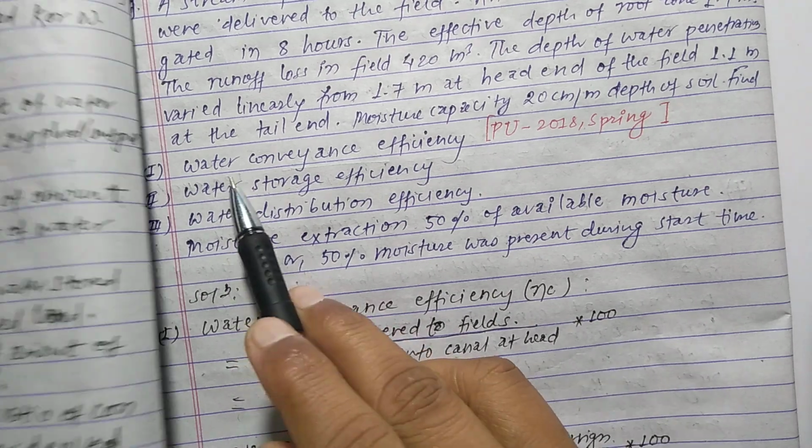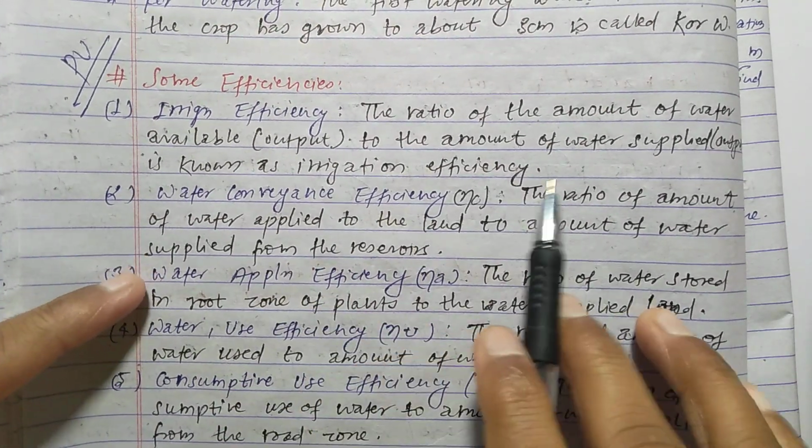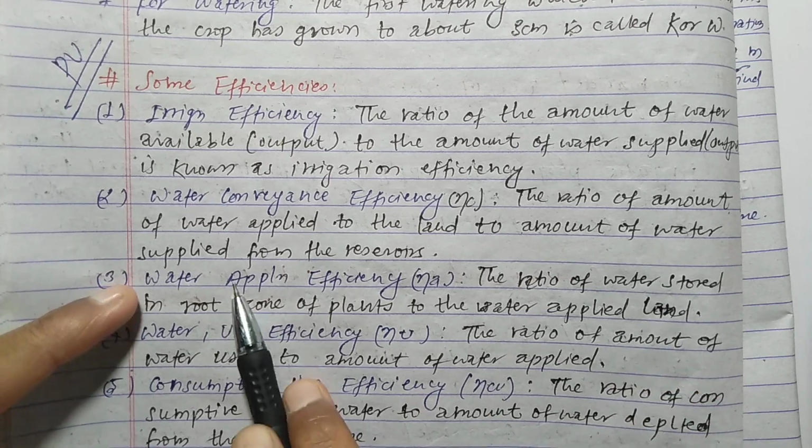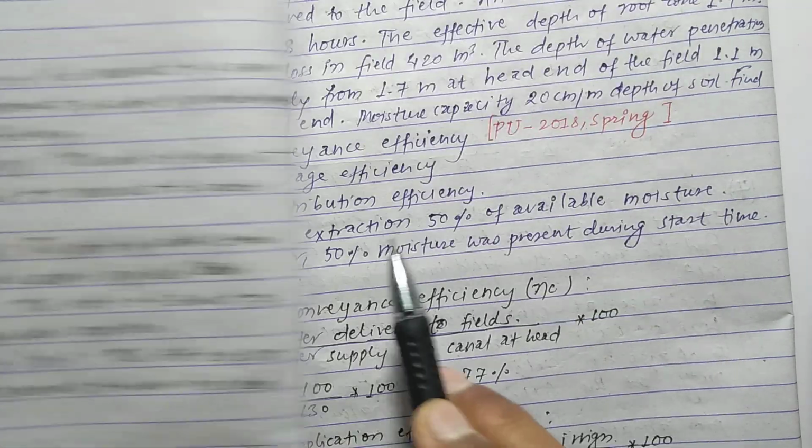First is water conveyance efficiency. Water conveyance efficiency equals the ratio of the amount of water applied to the land to the amount of water supplied from the reservoir. And water storage efficiency.